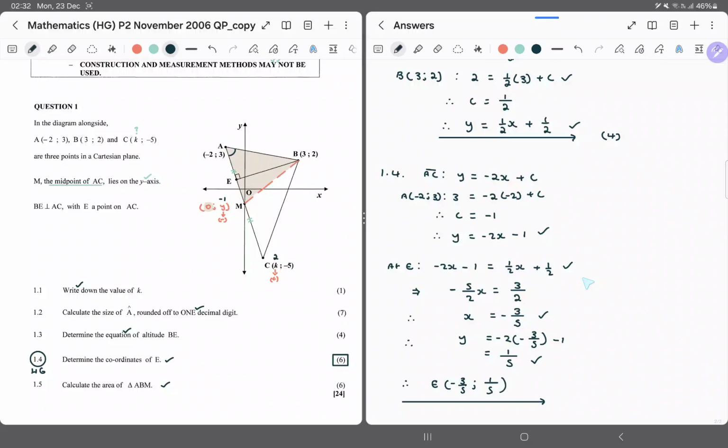So this is 1, 2, 3, 4. Now we can say, 1, 2, 3, 4, 5, 1, 2, 3, 4, 5. Okay, 6.